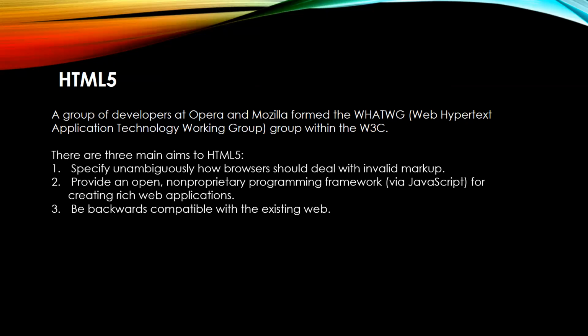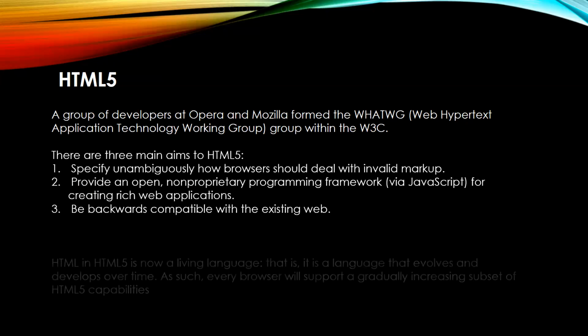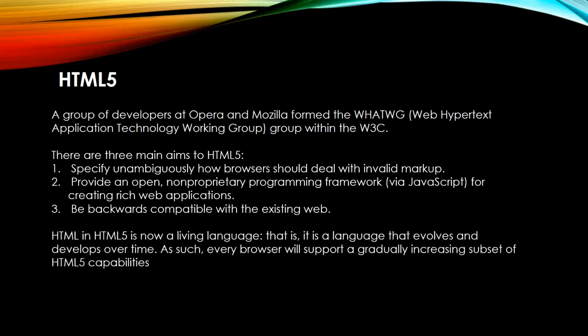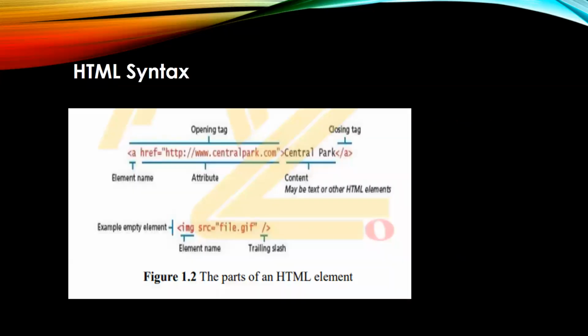First, specify unambiguously how browsers should deal with invalid markup. Second, provide an open, non-proprietary programming framework for creating rich web applications. Third, be backwards compatible with the existing web. So HTML in HTML5 is now a living language. That is, it is a language that evolves and develops over time, as every browser will support a gradually increasing subset of HTML capabilities.